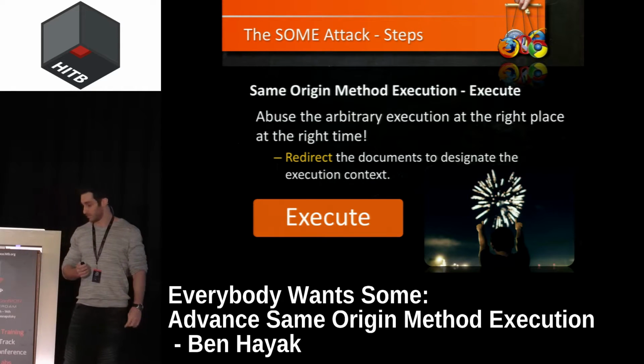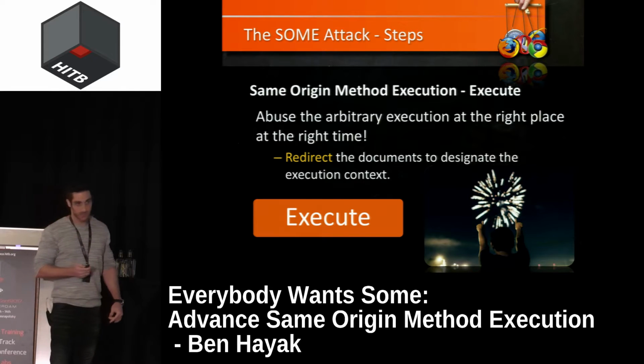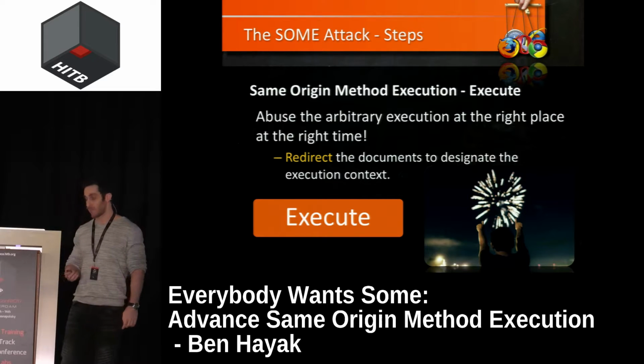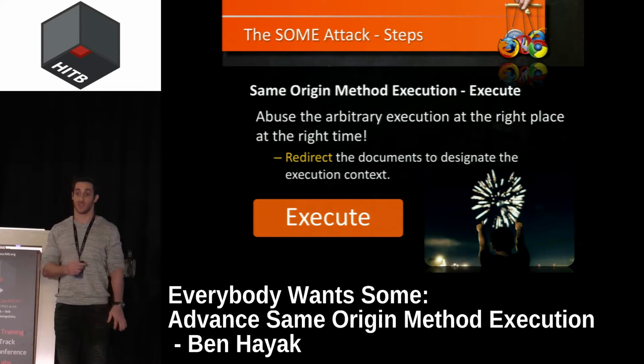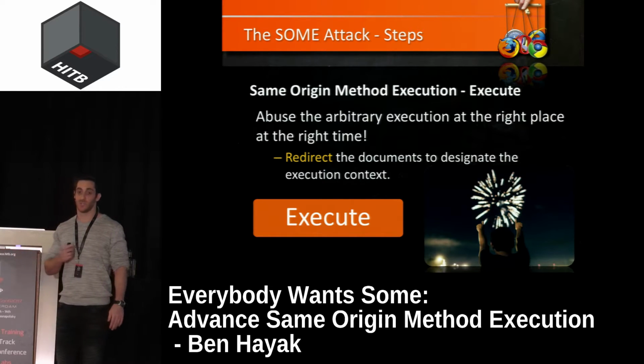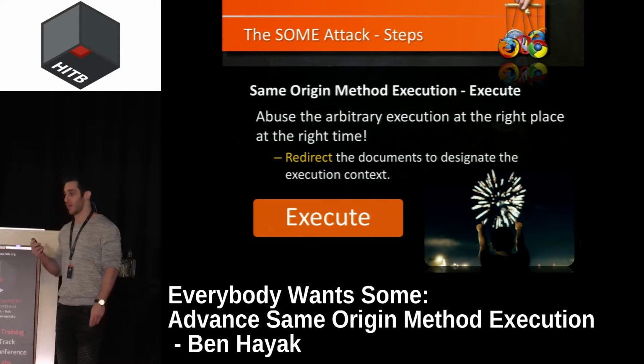So the last step is execute. And like you've seen in the color picker or any other website, we had the ability to execute an arbitrary method, which is the starting point. So after we target and plan, we use a set of redirections. I'll show exactly what and how to do that.